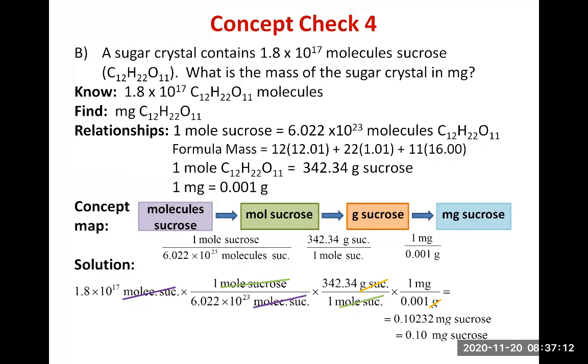So 10 to the 6 times less than that. Dividing the molar mass by 10 to the 6 would be 350 micrograms of sucrose.